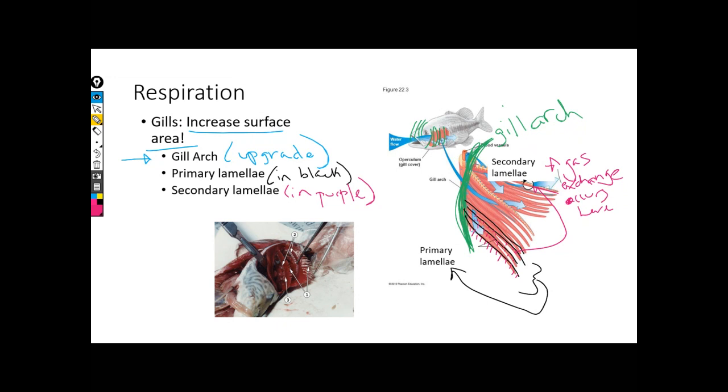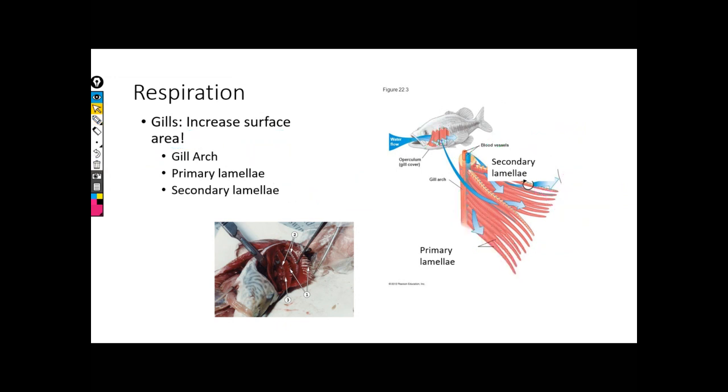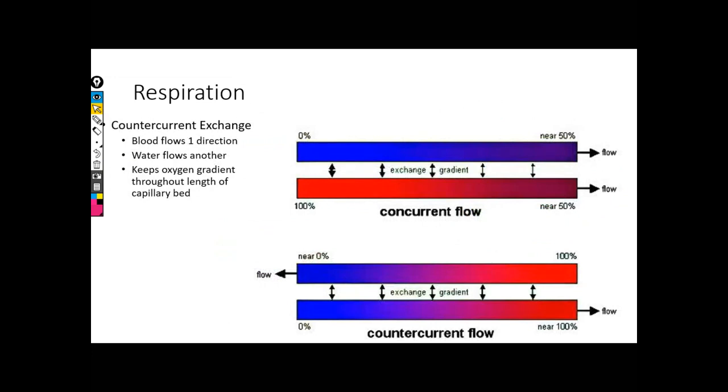Okay, so let's see what's actually happening on our lamellae. As we think about what's happening when we're exchanging oxygen, we want this to be as efficient as possible.